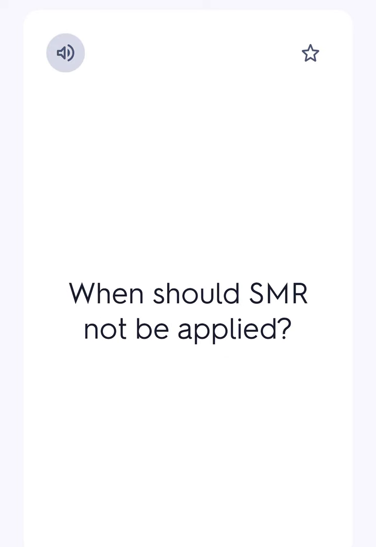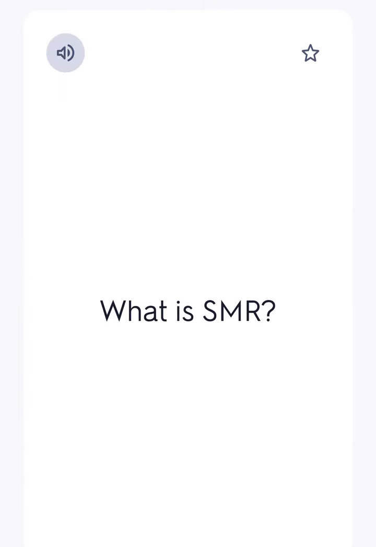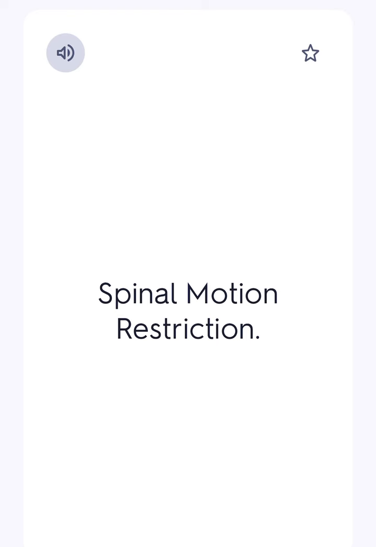When should SMR not be applied? When the patient meets the criteria for potential spine or spinal cord injury but does not meet the risk criteria. What is SMR? Spinal motion restriction.